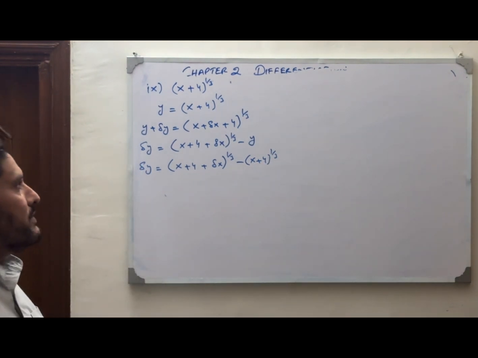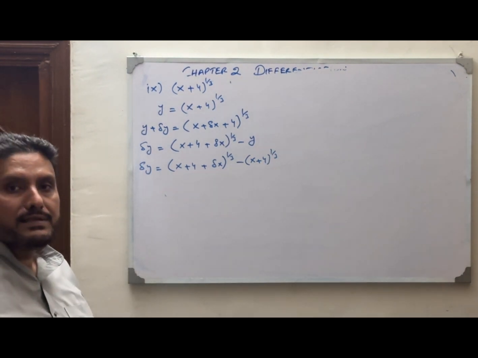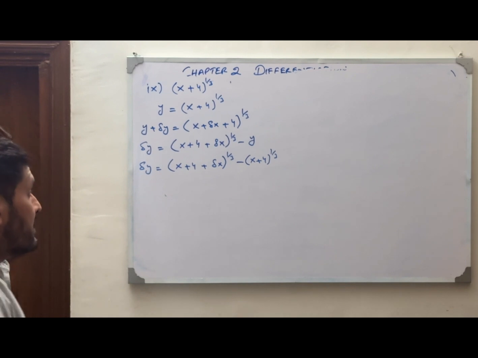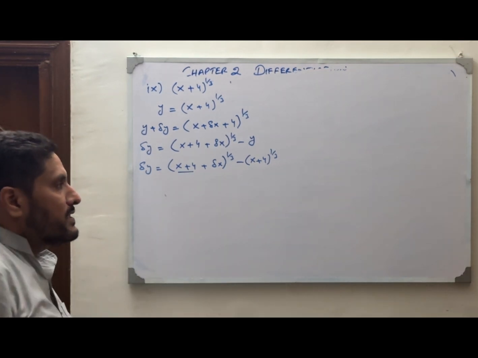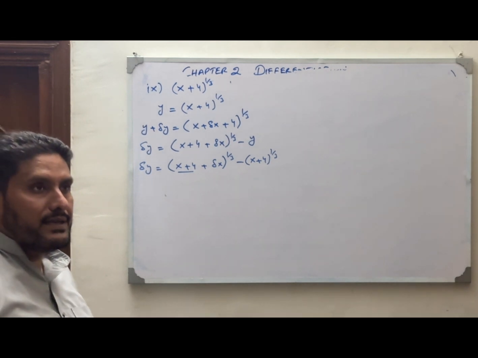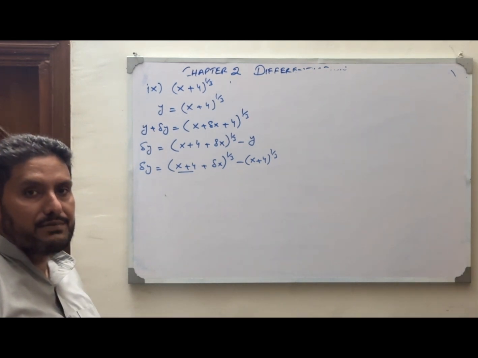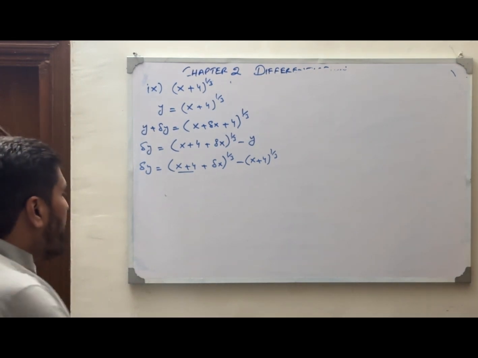Now by taking x plus 4 common from this given expression, and then by applying the binomial expansion, we are able to get the result for that.